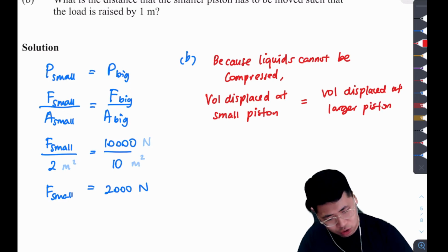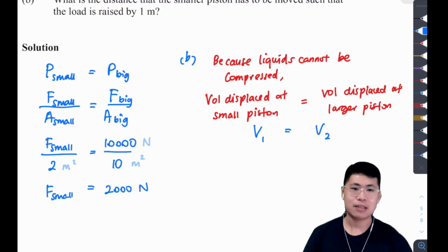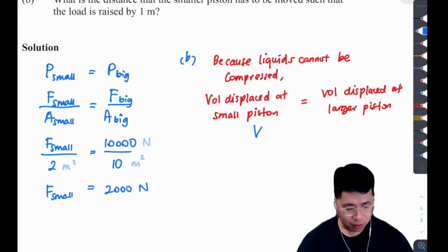So in short, V1 is equal to V2. Let's make it easier: V at the smaller piston is equal to V at the larger piston, the bigger piston.